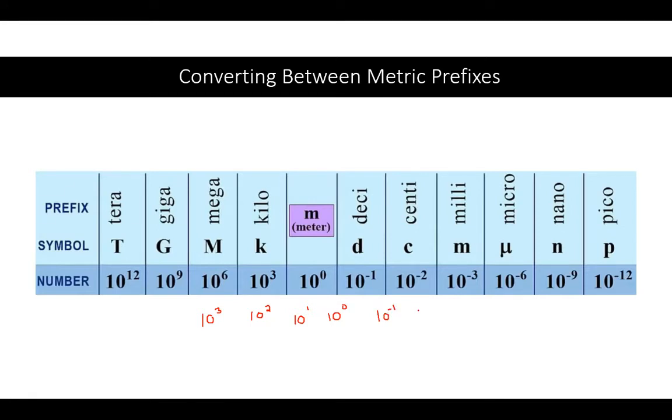The point is just to figure out how many factors of 10 is the difference. So if this was a number line, there are 6 factors of 10 in between these two numbers: 1, 2, 3, 4, 5, 6. So the difference in magnitude is 10 to the 6th between these two numbers.